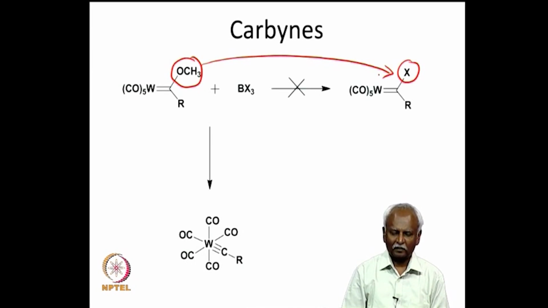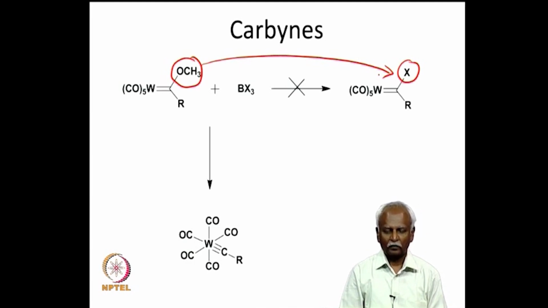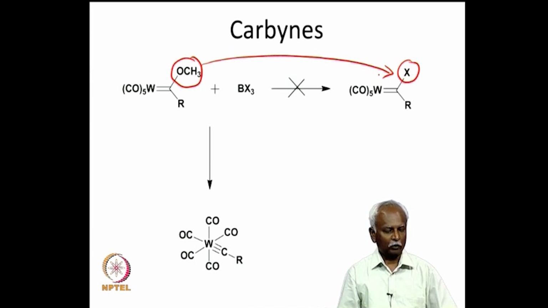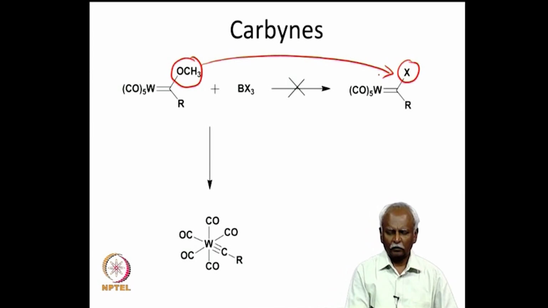So, carbenes are relatively tricky to understand because you have a molecule which is apparently a neutral donor, and you have the possibility for forming 3 bonds between the tungsten and the carbon. So, let us take a look at some of these molecules, how they are made.